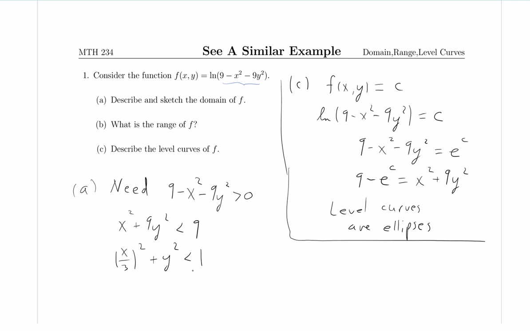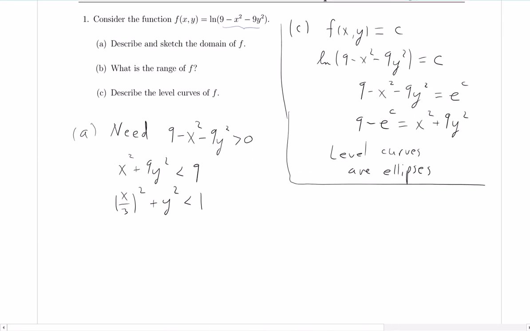So, again, if this less than sign were an equal sign, this would be the equation for an ellipse. And since it's written like this, we know exactly what ellipse it would be. It would be an ellipse that is stretched by 3 in the x direction and by 1 in the y direction.